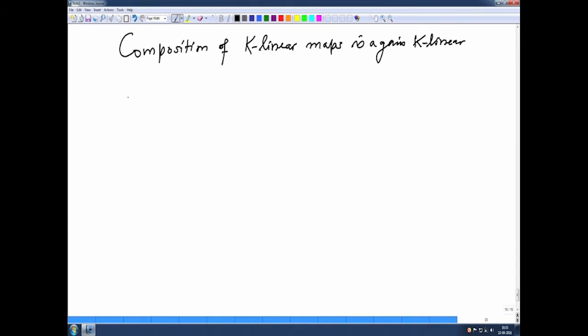That means if I have vector spaces U, V and W, and a K-linear map from U to V and a K-linear map from V to W, this I call G, and this I call F, these are K-linear maps.